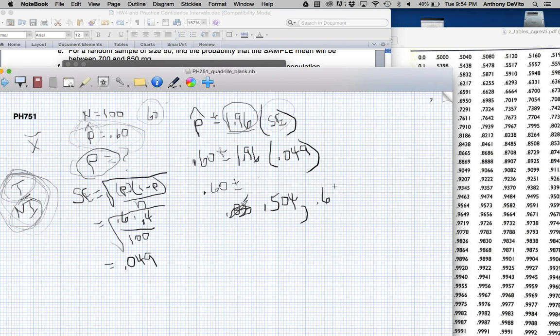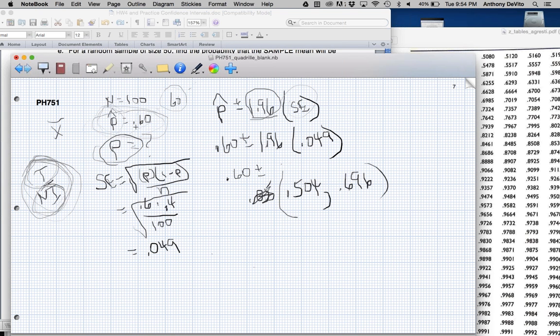Okay, so based on our sample, which showed 60 people out of 100 in this industry that had insurance, our random sample, based on that sample, we're 95% sure the true population proportion for the entire population is between 50.4% and 69.6%.